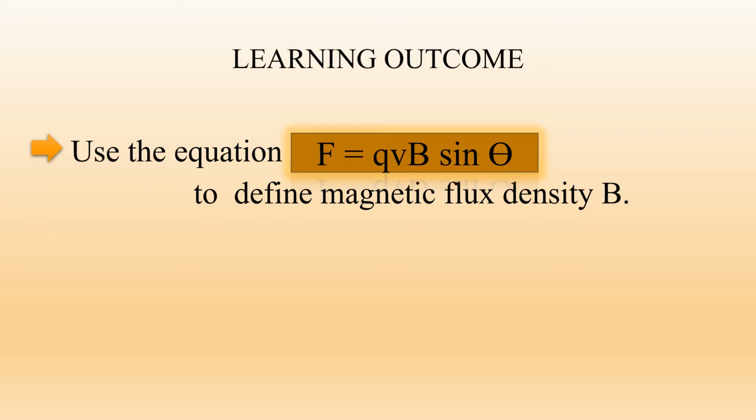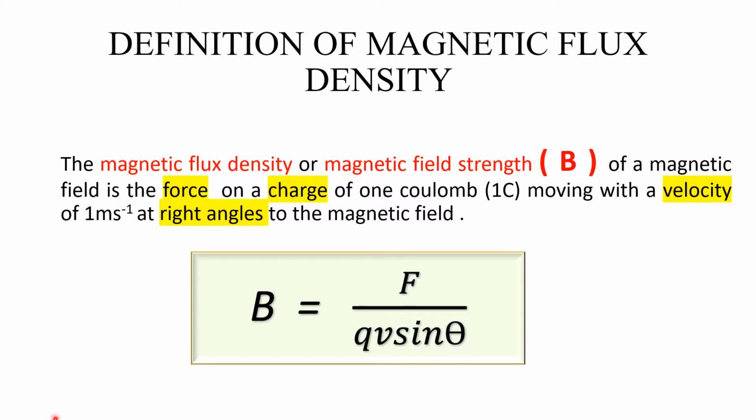Our second learning outcome for today's lesson is to use the equation to define magnetic flux density. The definition of magnetic flux density: magnetic flux density or magnetic field strength is a vector field which we identify using the symbol capital B and which has an SI unit of Tesla.